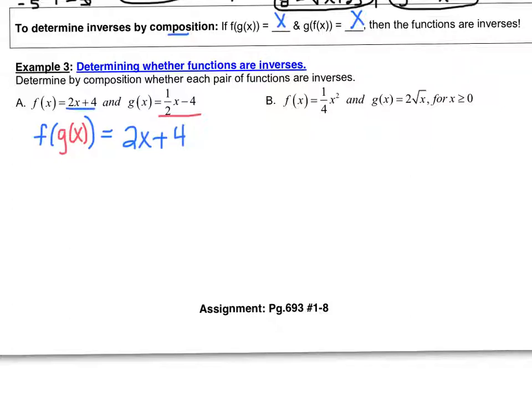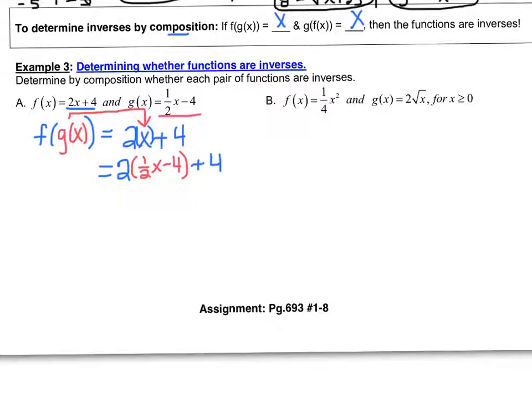So we're going to take what I underlined in red and plug it in right there for the x. So I'll copy the 2, and now I'm going to start parentheses because whenever you plug something in for x, you should put it in parentheses. So in those parentheses, I'll write the 1/2 x minus 4. And then I'll keep copying the rest, the plus 4.